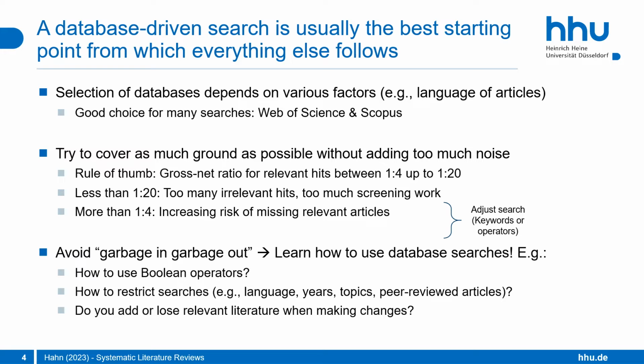Sometimes it depends on the language of the articles, so you might want to have a look at the internet, do some research on what would be applicable databases for your area.